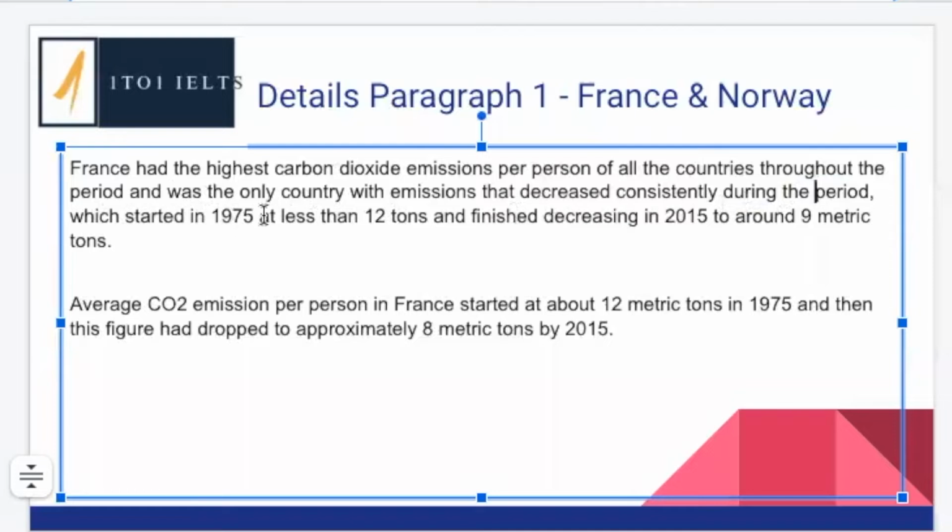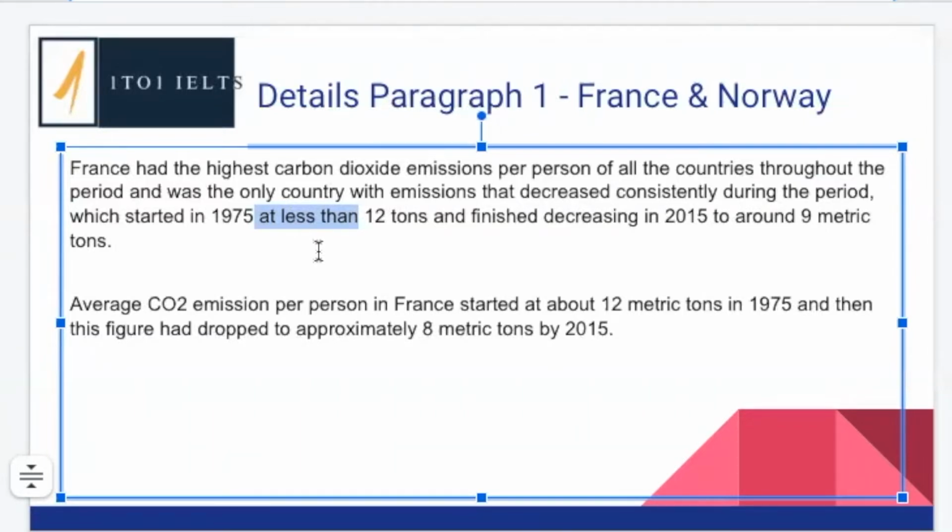We started in 1975 at less than 12 tons. I'm so glad someone did this so I could point this out. We are never going to use this expression, "less than" or "more than". Why? This is super important: never, ever use this expression in your academic Task 1. What is wrong with using "less than" or "more than"?